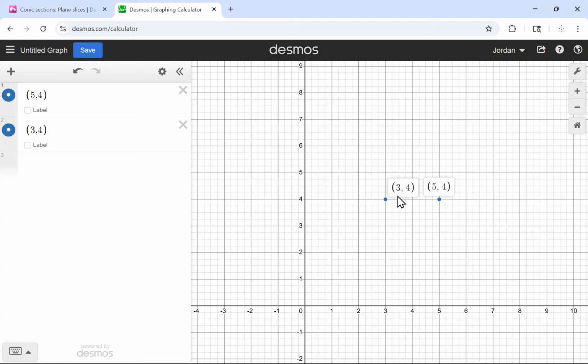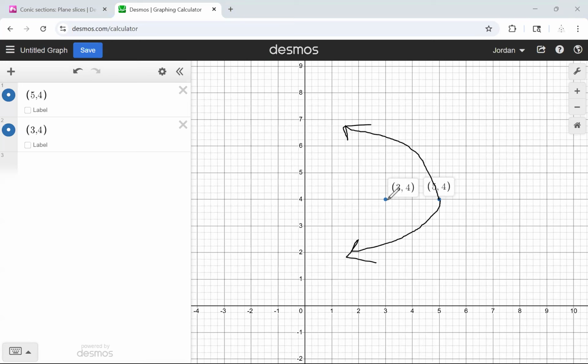And since the focus is to the left, I know that roughly speaking, my parabola is going to point to the left. So it's going to point to the left. It's going to go through vertex (5, 4). And I'm saying it's pointing to the left because it has to, because the focus is to the left of the vertex.